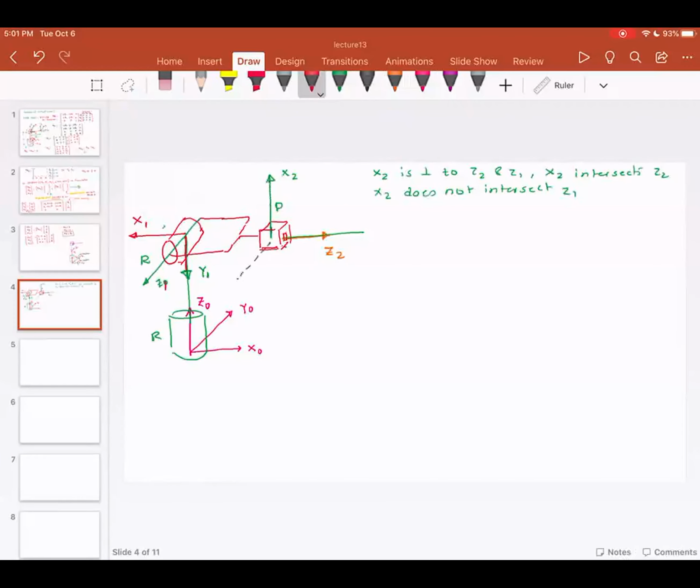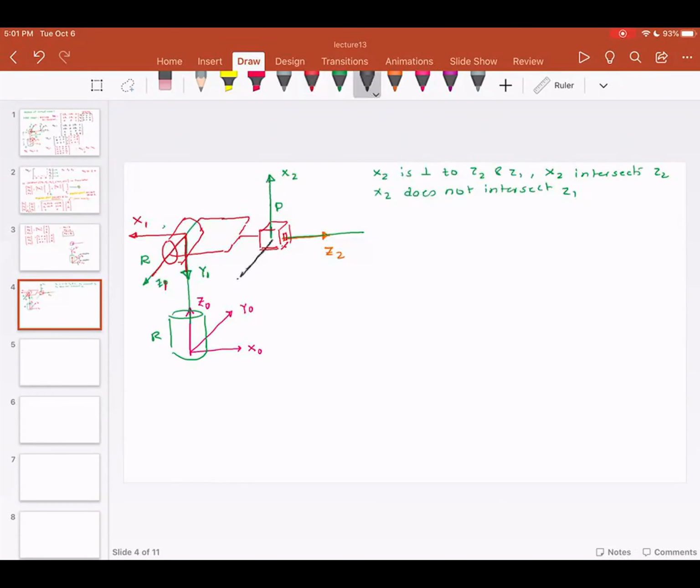Okay, just make sure that my coordinate systems are consistent. So Y is going down, Z is coming in. Yeah, so this is correct. Now X2 is perpendicular to Z2. Okay, so now I have Z2, I have X2, so Z2, X2, and I have Y2.